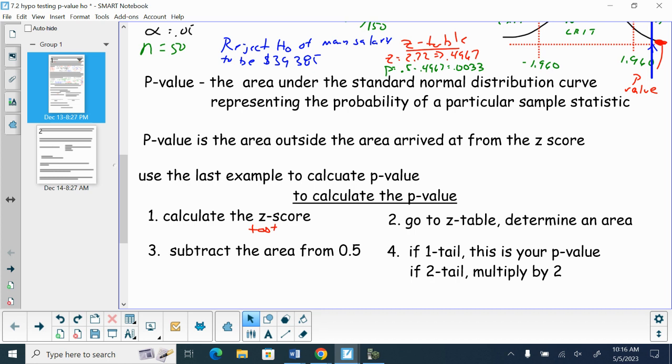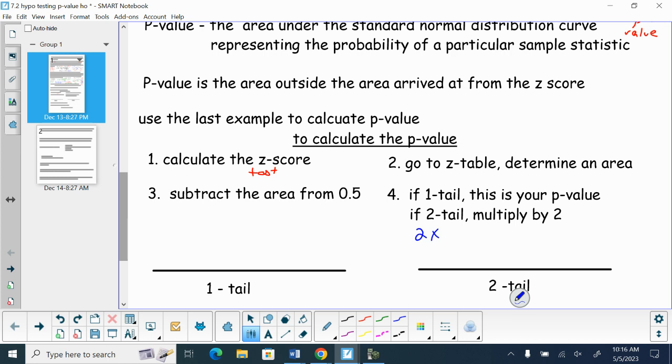One tail, that's our p-value. Two tail, we multiply by 2 because we have to account for both of these values. We have two tails. So our p-value in this case would be 2 times 0.0033, which is 0.0066. That is our p-value.